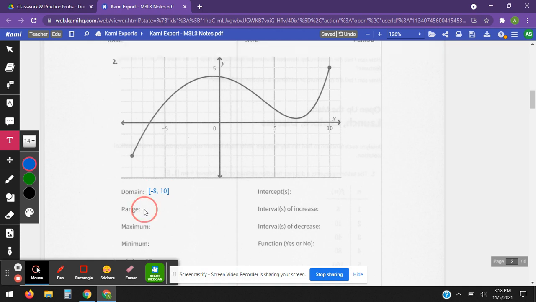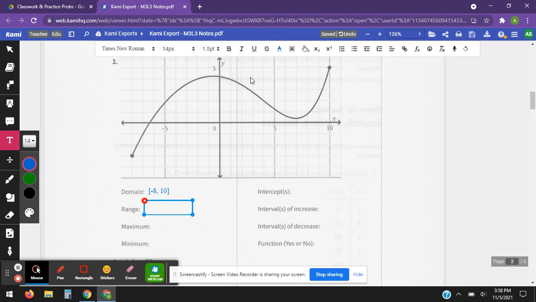And then my range. Oh, just to point out. So, not this one. It's a different one. Never mind. My range. So the lowest it goes, it looks like is -3. And the highest it goes is 5. Okay.